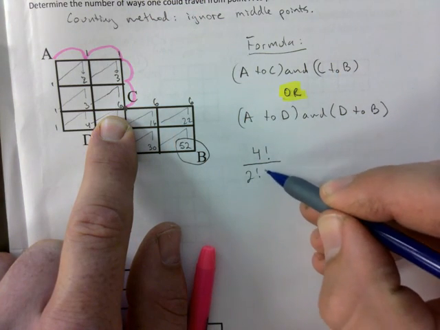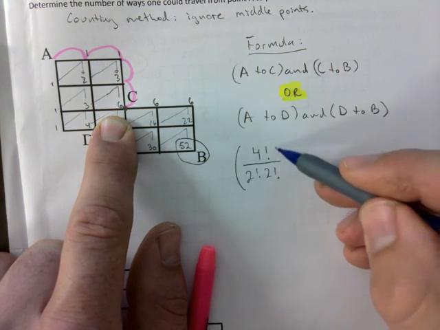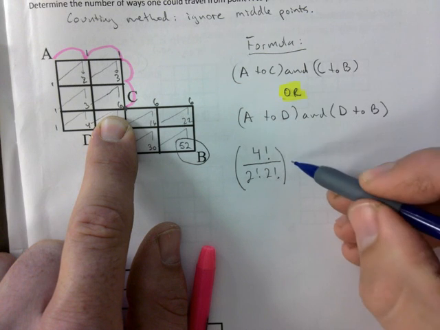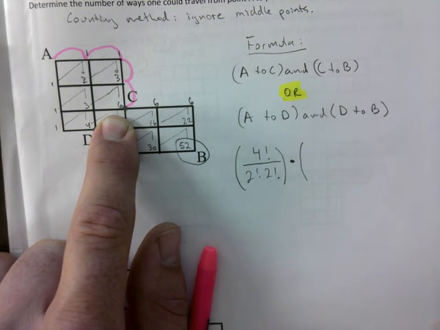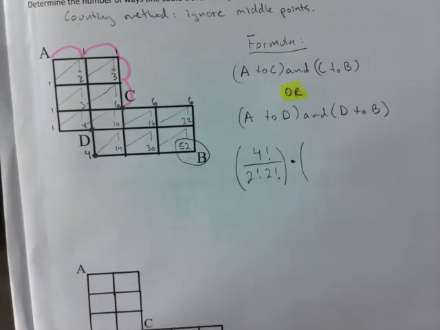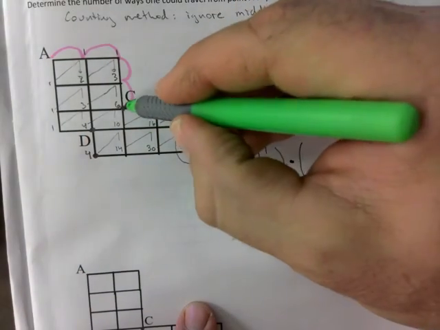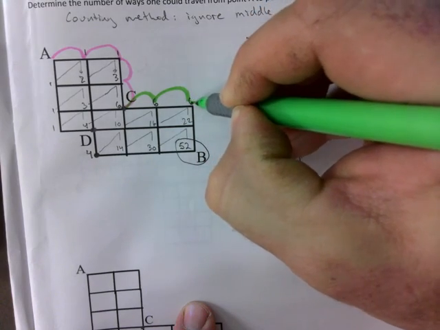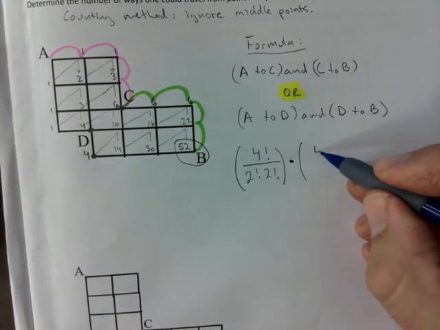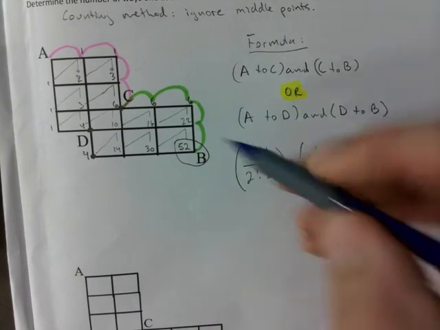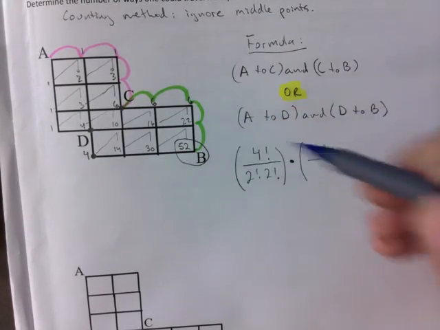So 2 factorial, 2 factorial. And that turns to be a times, right? C to B. So from C to B, you're going 1, 2, 3, 4. So it's still 4 factorial over, you're going 2 horizontal, 2 vertical.